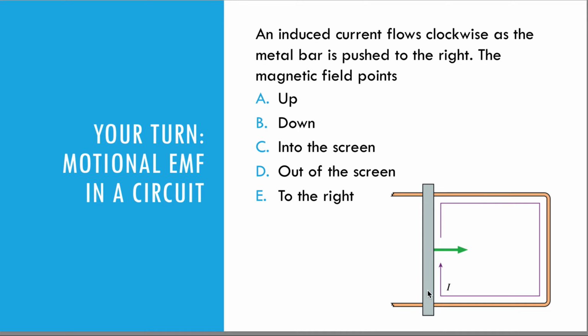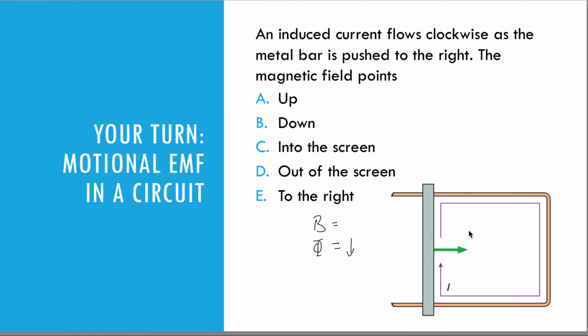Okay, so let's figure this out here. We can use Lenz's law. Lenz's law says that the induced current is going to oppose the changing flux. We don't know which way B is going, but we know that the flux through this loop is getting smaller.